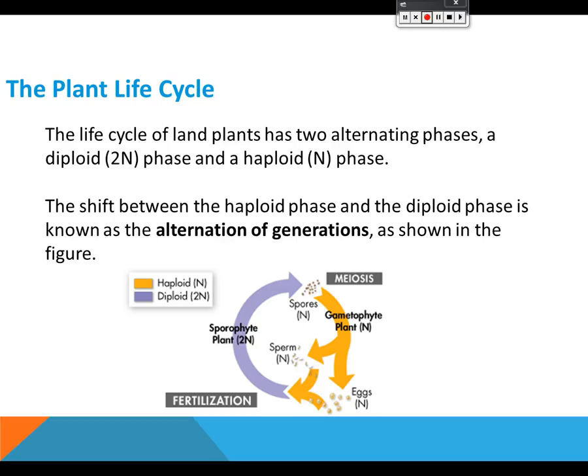It's very common. You might see it on the EOC as well. Anyway, this is the illustration that shows what we call the alternation of generations, how those gametophytes produce and eventually produce a sporophyte and back to the gametophyte over and over and over again.